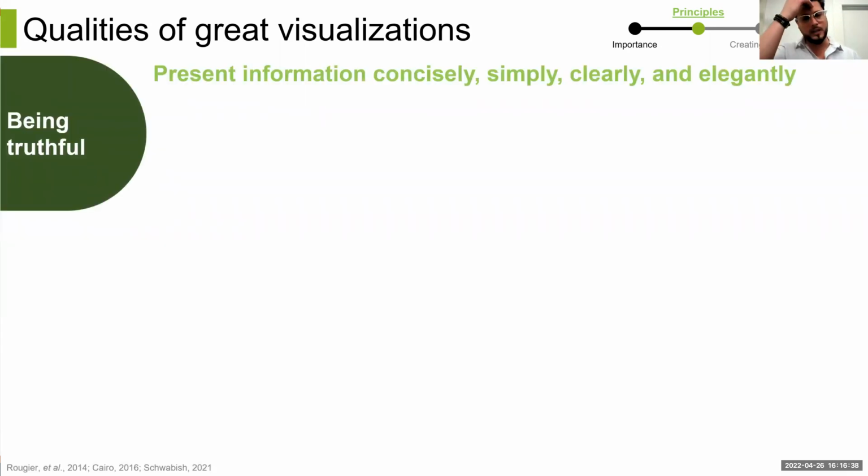The first one is common across every communication and science discipline, and it's being truthful, right? The data that you conceive needs to be based on research that is sound and honest. So we need to present information concisely, simply, clearly, and elegantly. Nevertheless, you need to understand that truth and untruth are two extremes of a spectrum rather than absolute concepts.